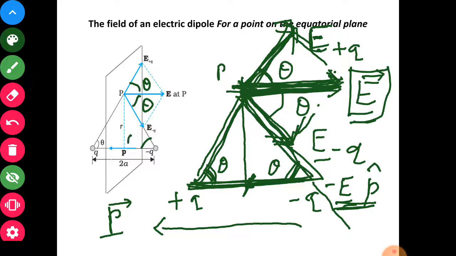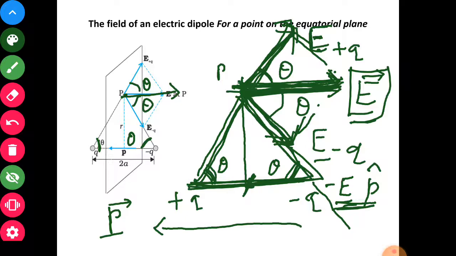Because this is the point P, which is on the equatorial line, the line joining P to Q and the line joining P to minus Q will make the same angle theta. So these two angles which I have shown here with this resultant electric field will also be theta. This is a common understanding of the geometry and the electric field produced by these two charges of the electric dipole.